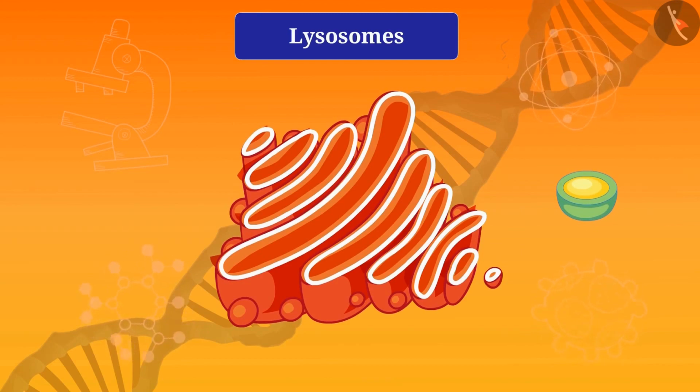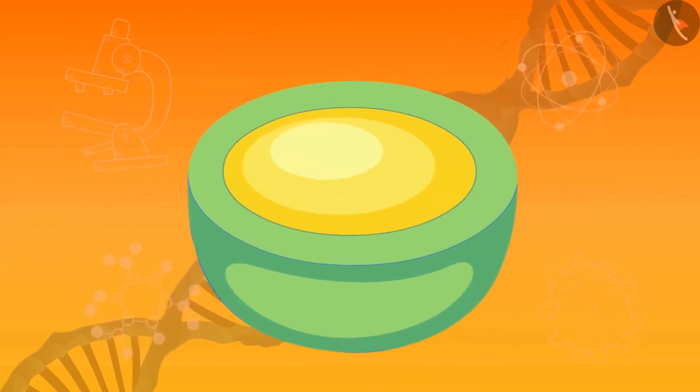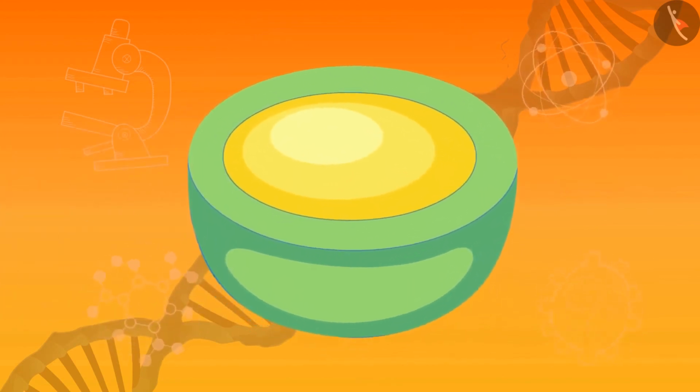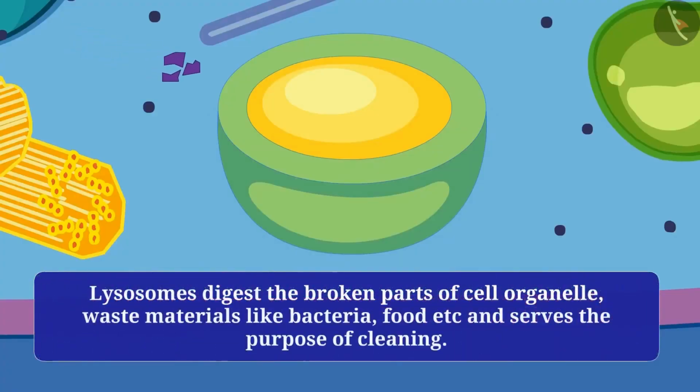Guys, what is the function of lysosomes? Well, inside the cell, the broken parts of cell organelles and the residual material coming from outside, such as bacteria, food, etc., go into the lysosome and its digestive enzymes break it into small pieces and cleanse the cell.